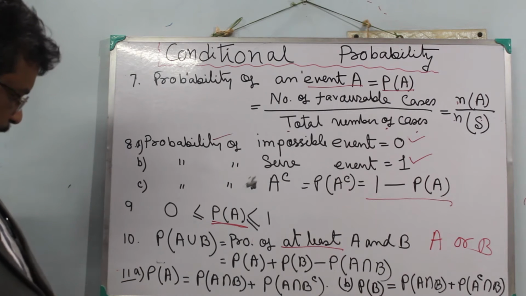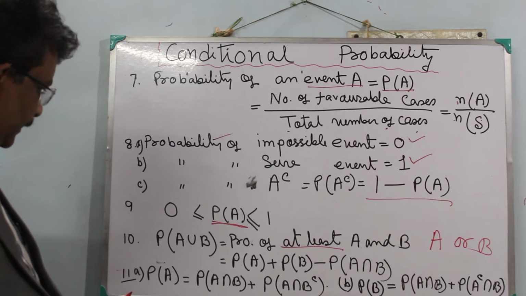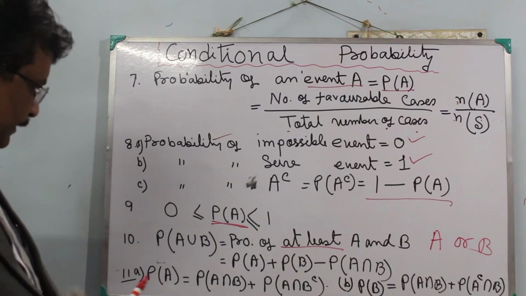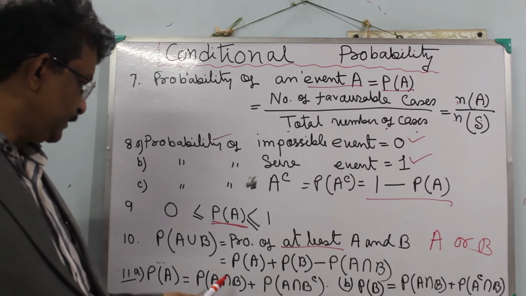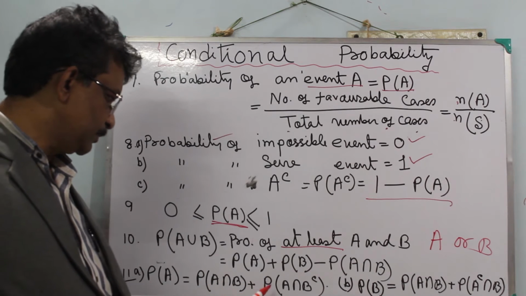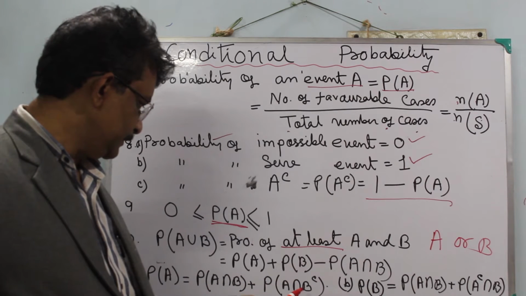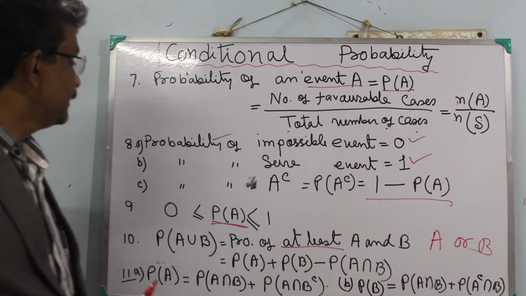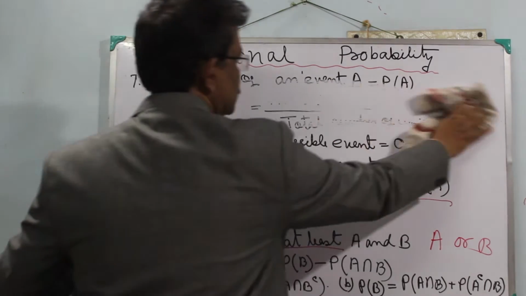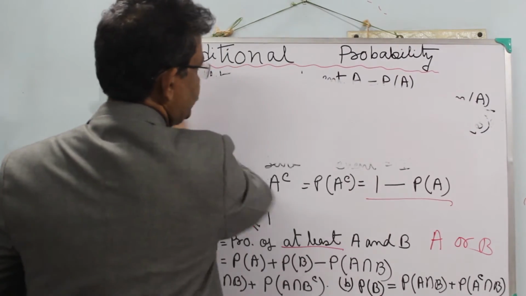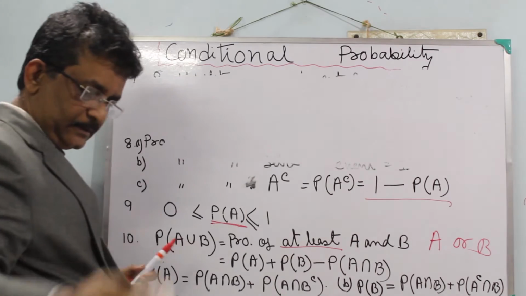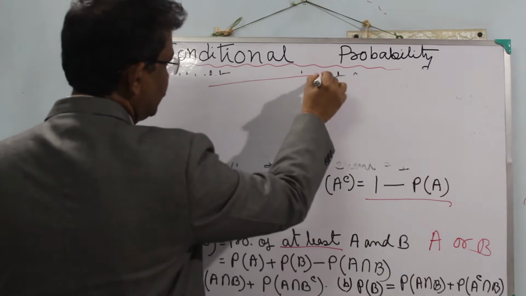And number 10, 11A: probability of A is equal to probability of A intersection B plus probability of A intersection B complement. Let's discuss it. Suppose this is a Venn diagram.